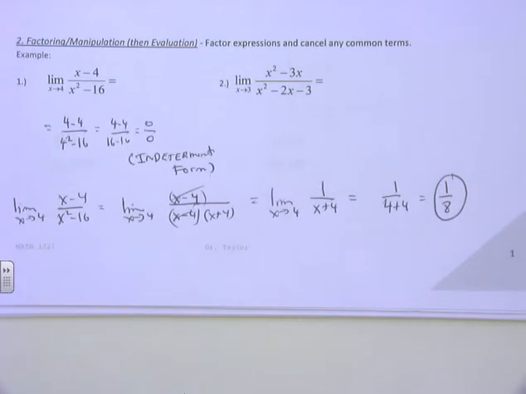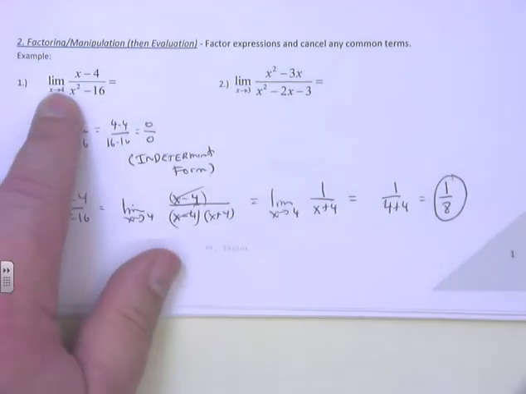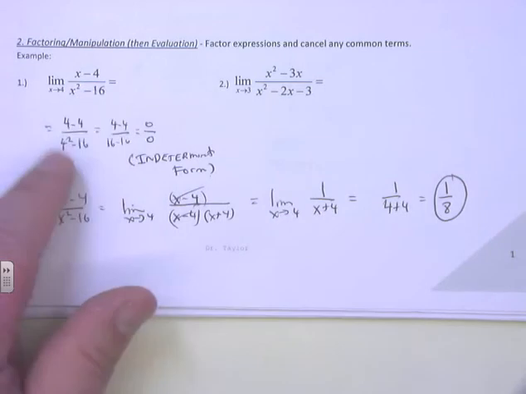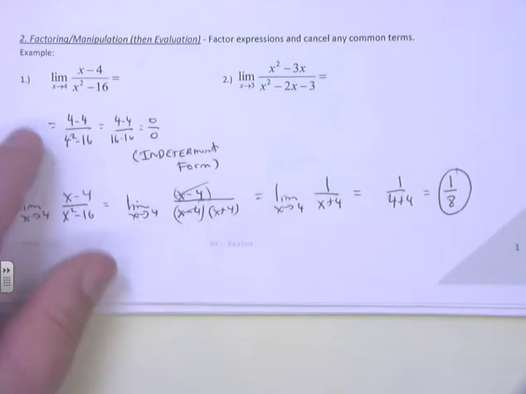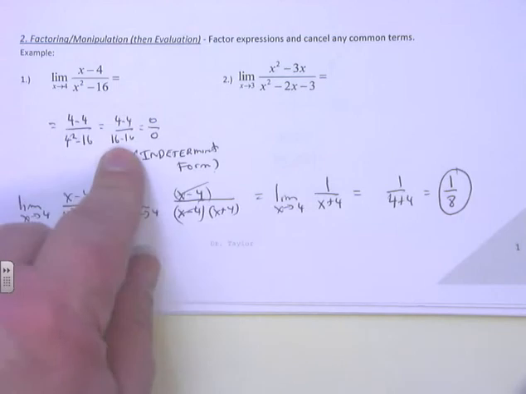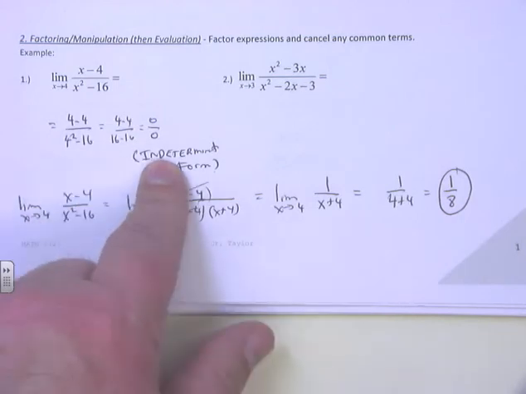But now, here's the thing. Look at how I wrote up the solution. I'm not just interested in how you got 1/8 as the answer. That's awesome. How did I write up this answer? First things first. Here's my original question. Limit as x approaches 4 of x minus 4 over x squared minus 16. First thing I did was plug it in. See what's going on. And you'll notice that once I plug in a number, I don't write limit anymore. I'm just plugging in a number and crunching it out.